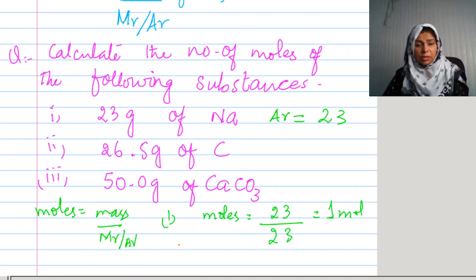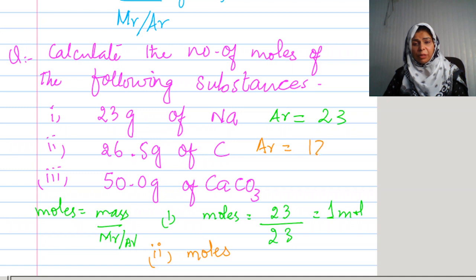Next question, same formula. For the second part, the AR of carbon given in the periodic table is 12. To calculate the moles of carbon, 26.5 divided by 12.